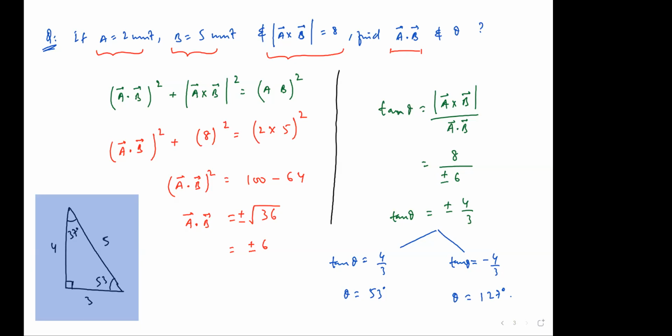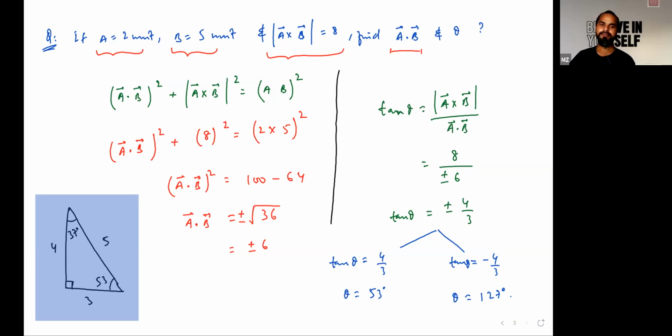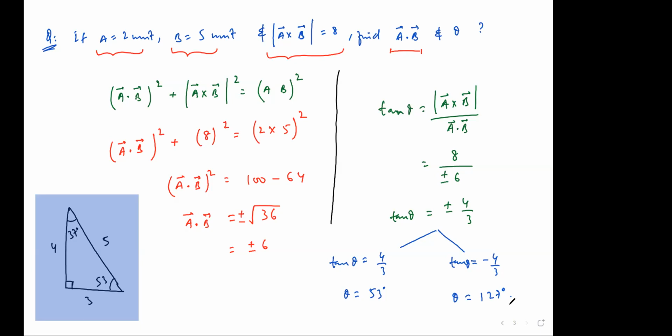Done, sir. Hamza, done? Yes, sir. Done. Okay. I'm giving you one last part. If A dot B is equal to A cross B mod, find theta.